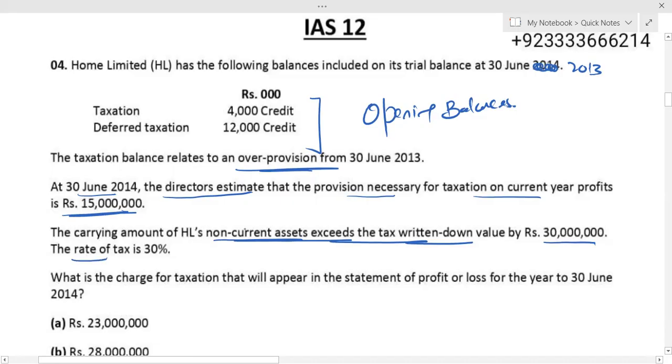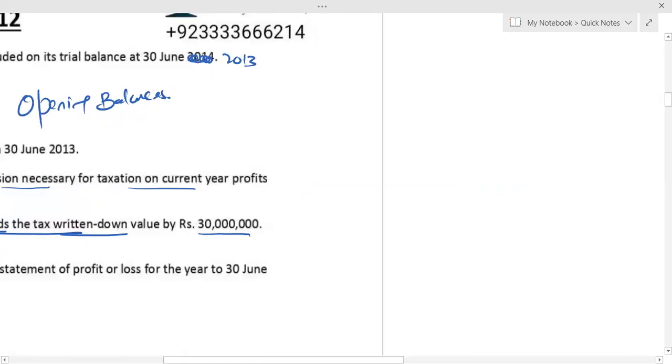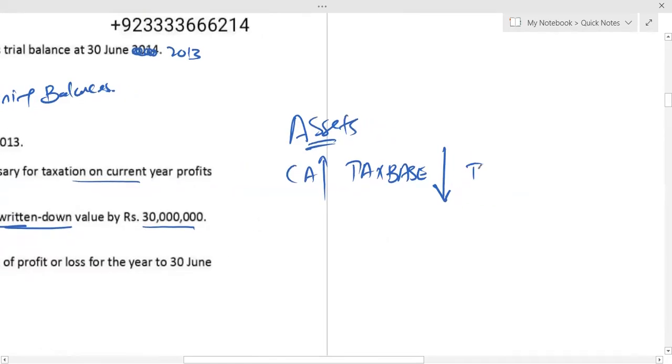We have discussed the relationship many times. In case of assets, whenever the carrying amount is more than the tax base, then the difference is the taxable difference. And the taxable difference multiplied by the tax rate gives you deferred tax liability.